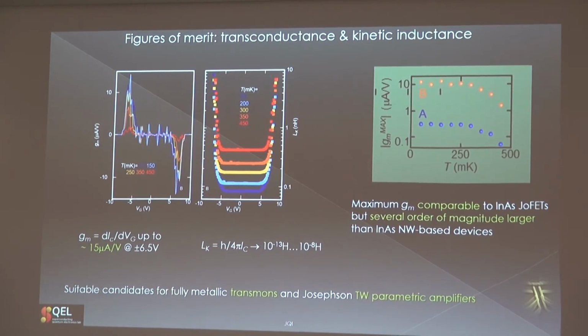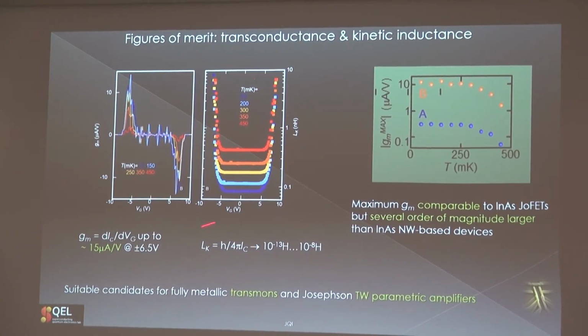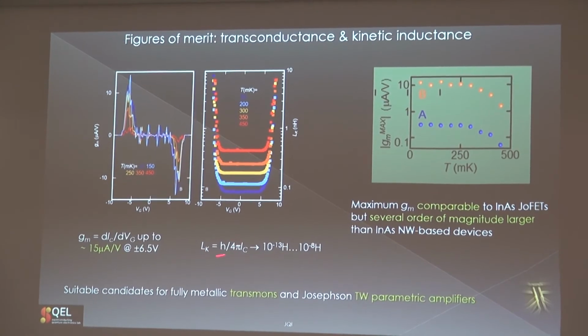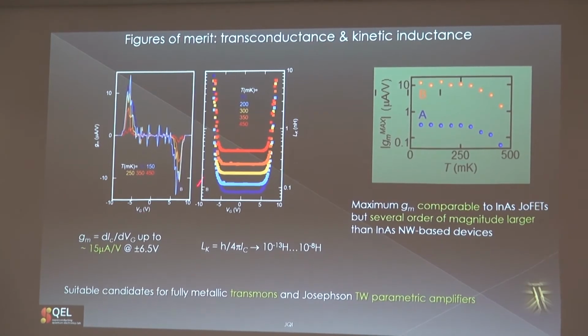In next devices made of vanadium, we'll show you that probably we can reach 10 times or 50 times larger this rate. And this translates into a very large variation of the kinetic inductance, the Josephson inductance of the system, because thanks to the electrostatic field, we can control the kinetic inductance by almost 3 orders of magnitude in the same device.